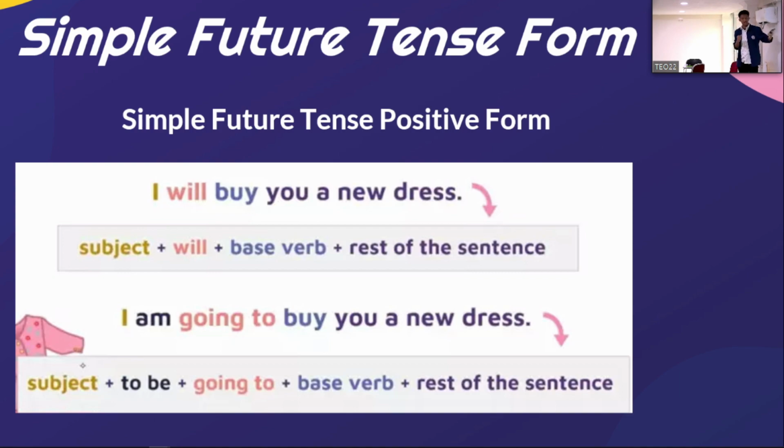You can see I is the subject, will is will, buy is the verb, and you a new dress, the new dress, is the rest of the sentence. And then the same sentence: I am going to buy you a new dress. It is the same sentence, but different when you use going to and will. Okay, next.